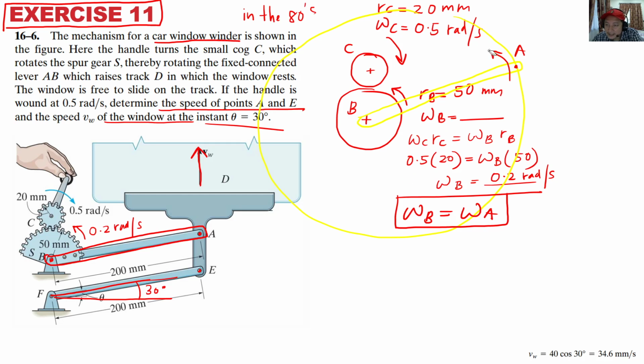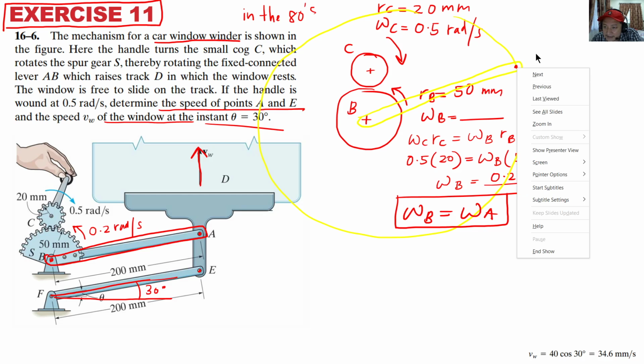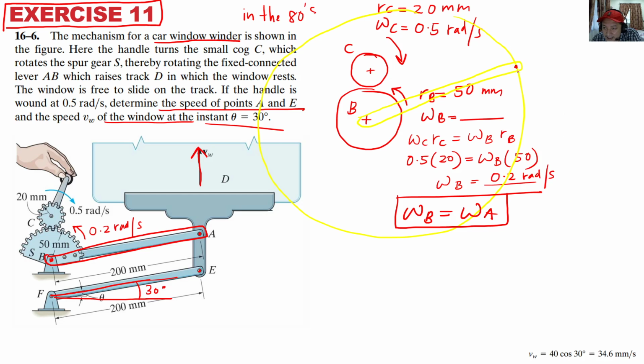Yeah, so if you look at this properly, look at here. Since it is rotating like that, omega A is equal to 0.2. So tangential velocity here is VA tangential.